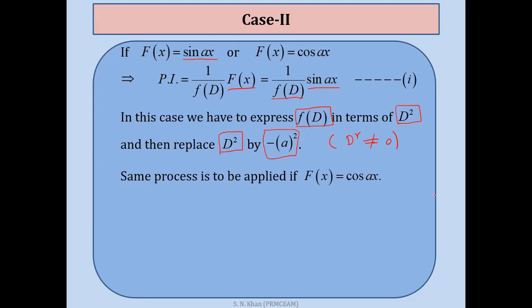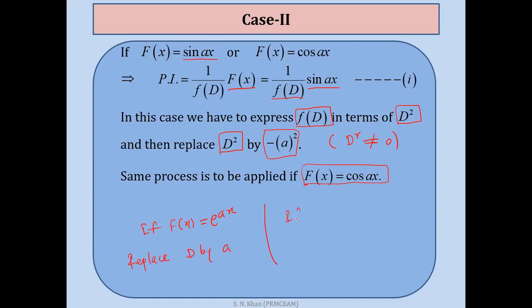Then the same process is to be applied if capital F of x equals cos ax. As I said earlier, whether the function is sine or cos, the method is the same. Okay? So in the previous lecture we have seen case number 1. In case number 1, if capital F of x is equal to the exponential function e to the power ax, then we have to replace D by a.